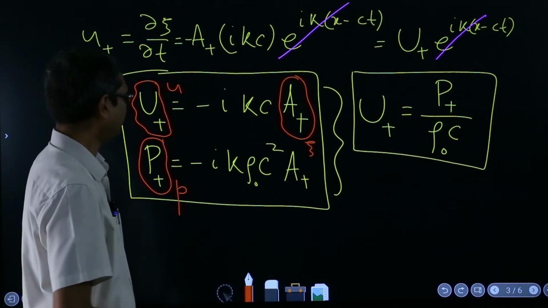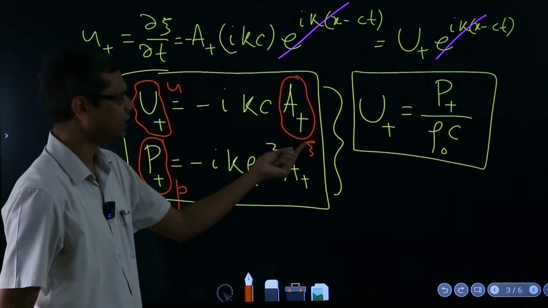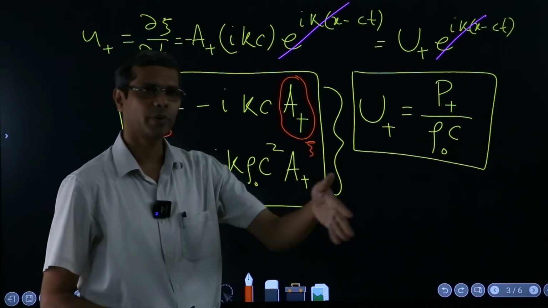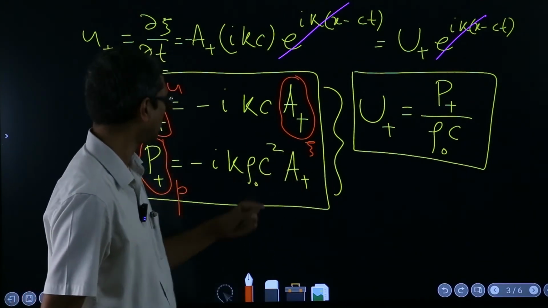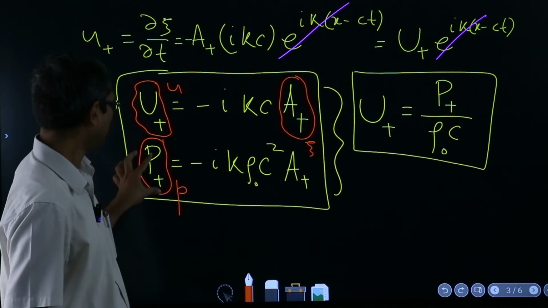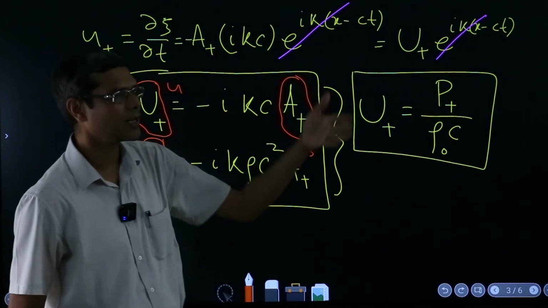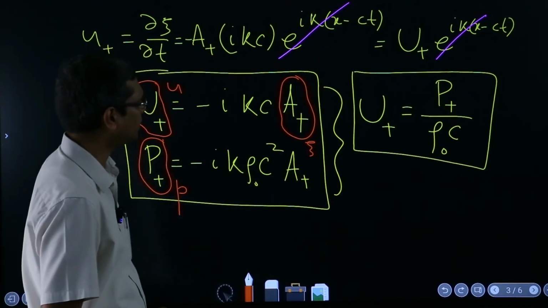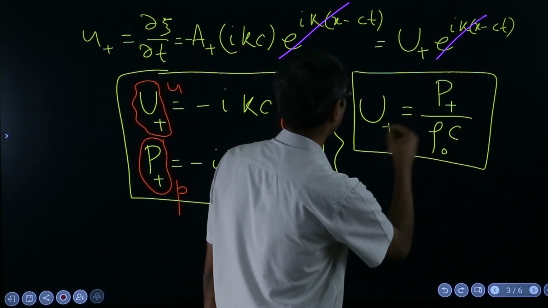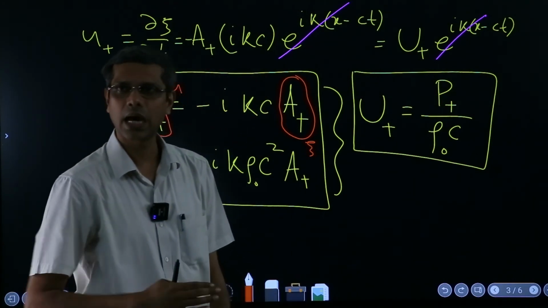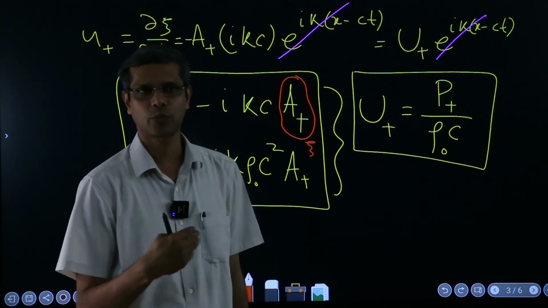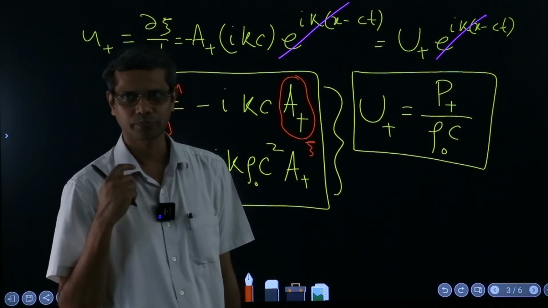It means if you start oscillating like this, xi is a function of t, cos omega t is the function, then your displacement will be this amplitude, pressure amplitude will be this, but all will have the same form. Now this tells you that the pressure and the velocity are in phase. That means the velocity profile and the pressure profile are in phase.